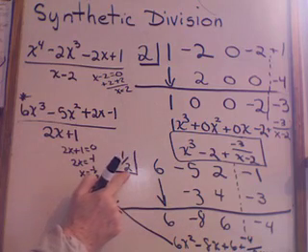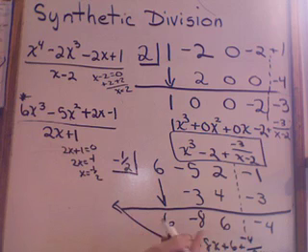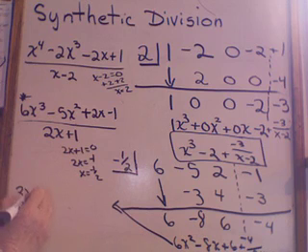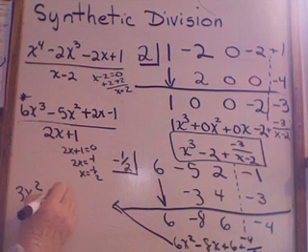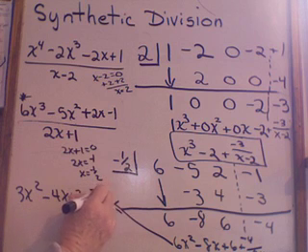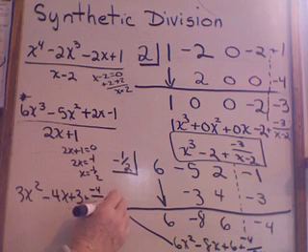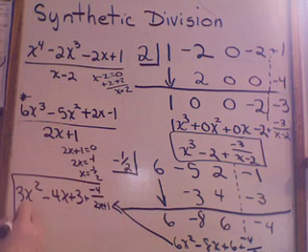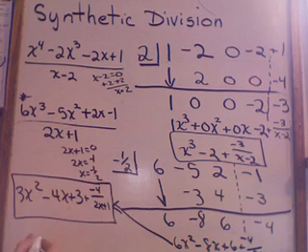If I divided by 1/3, I divide them all by 3. So the real answer for this one is 3x squared minus 4x plus 3 plus a remainder of -4 over 2x plus 1. The remainder doesn't get divided by 2.